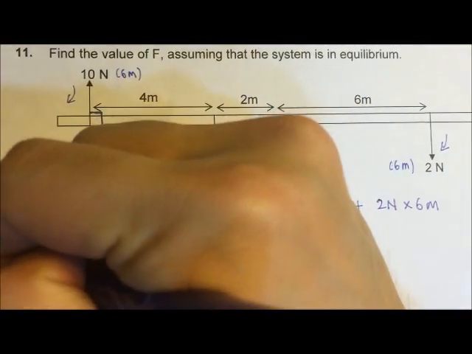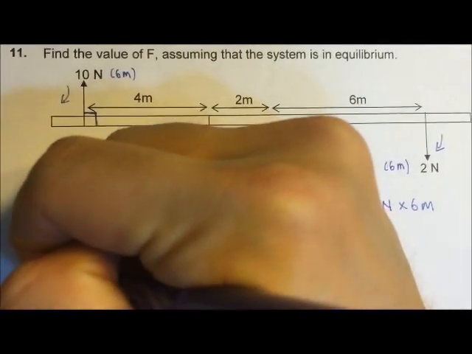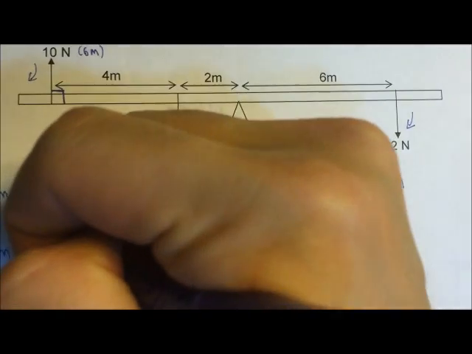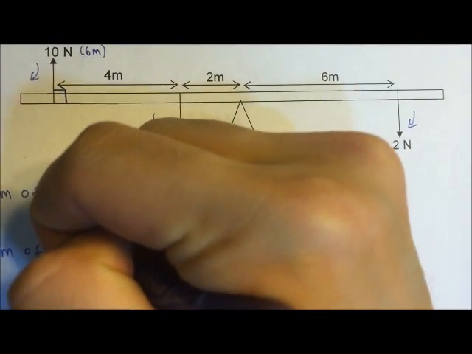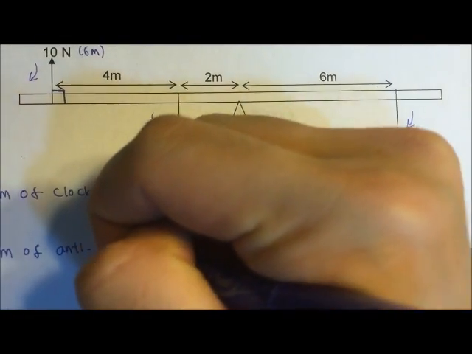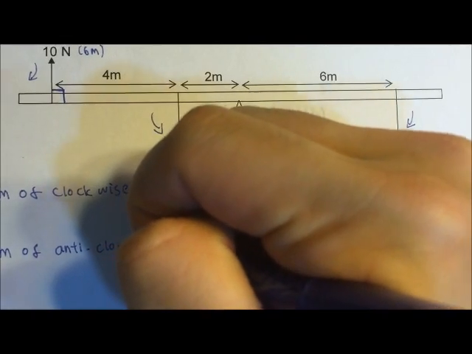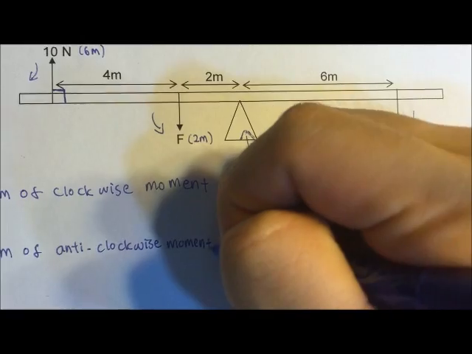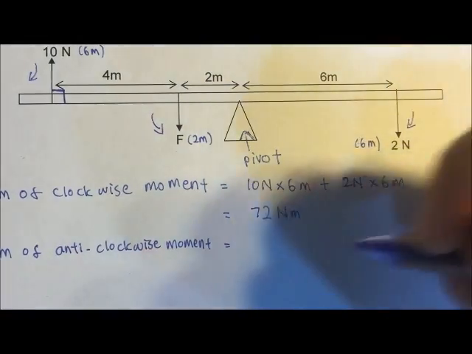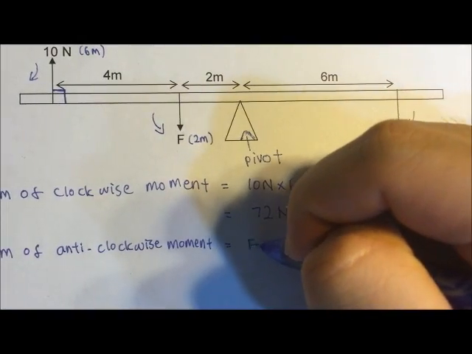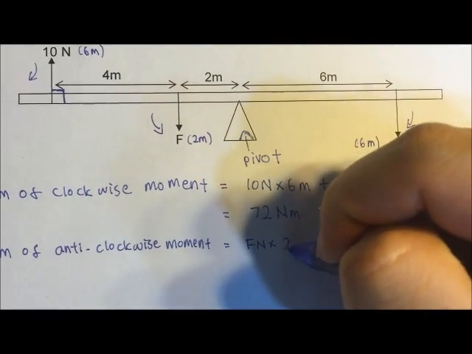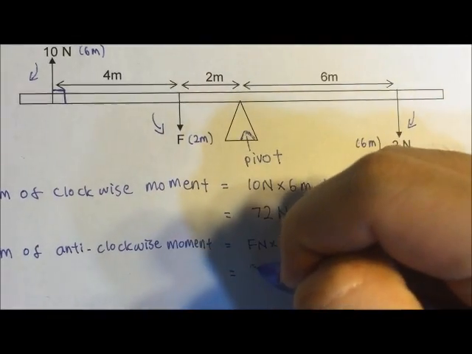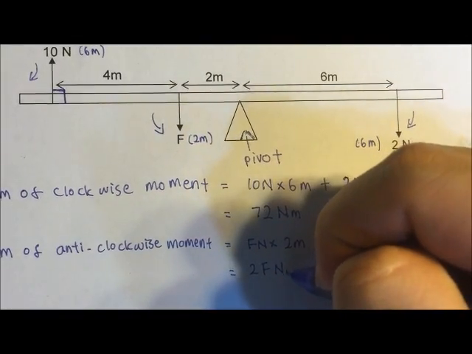Now for the sum of anti-clockwise moment, it will be equals just F Newton times 2 meter, giving you 2F Newton meter.